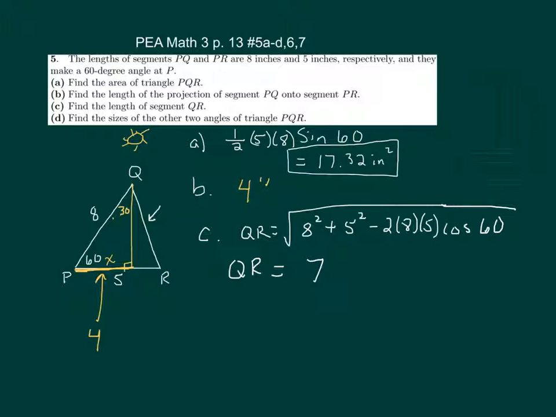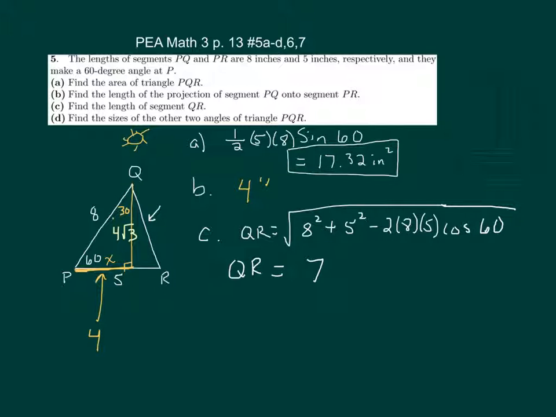Okay, if you didn't want to do it with law of cosines, that's okay. Especially since we're dealing with a 30, 60, 90 here, what would this altitude length have to be? 4 square root 3. So if you didn't use this to find the area, you could do 5 times 4 root 3 divided by 2.